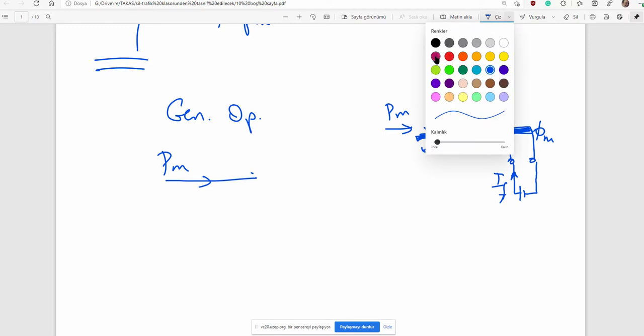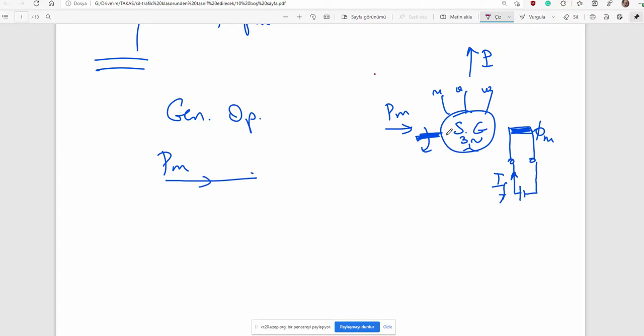Let's go further. Of the applied mechanical power, a little portion will be dissipated as heat. Here let me say mechanical losses, frictional and windage aerodynamic losses, which we call PS plus V, in Turkish sürtünme artı vantilasyon.